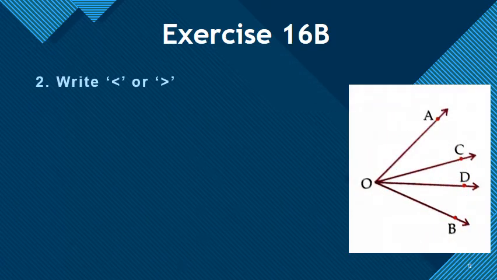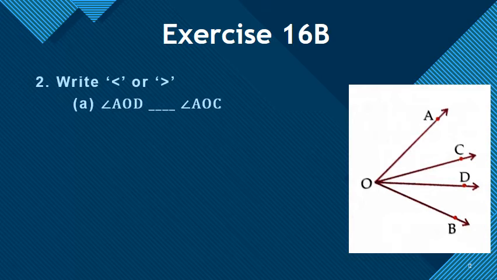The second question of this exercise is, write greater than or less than. So here in the figure you can see four rays making different angles at point O, right? So let us see the question that follows. The first one is, angle AOD dash angle AOC.